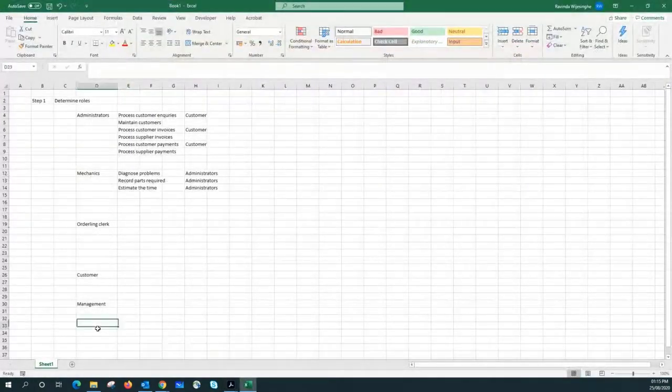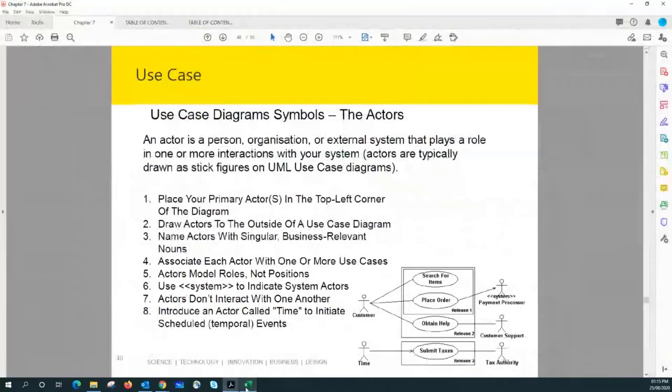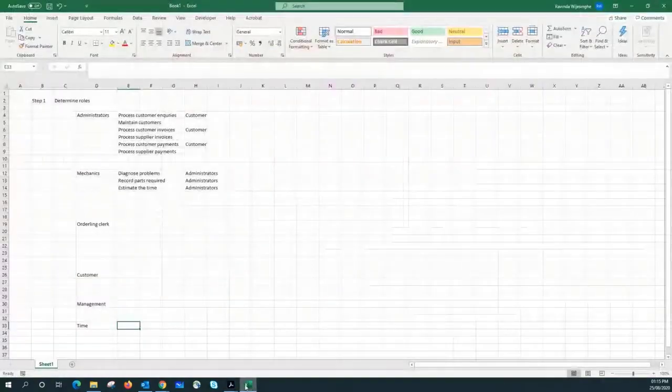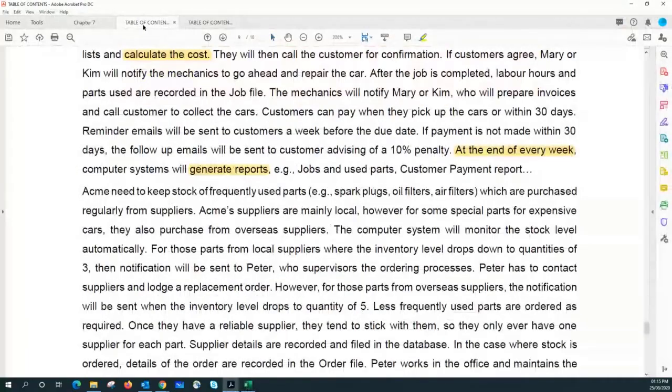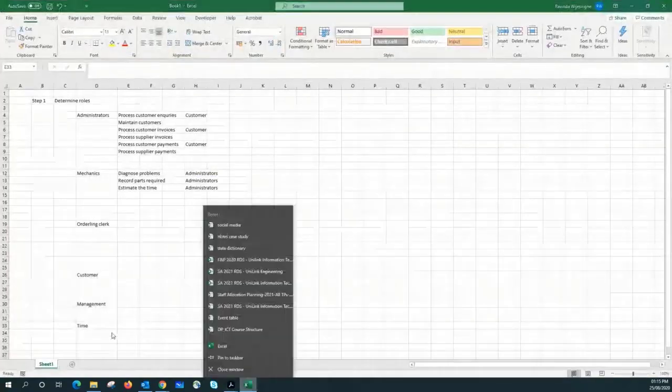So there is a time actor. What kind of report is it? Generate jobs and customer reports, right?